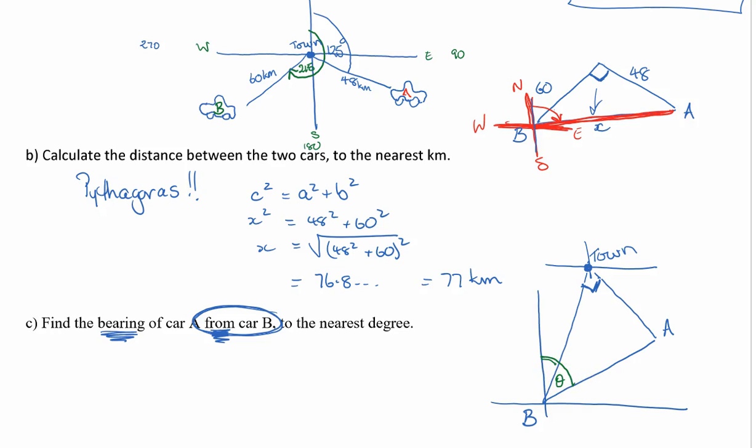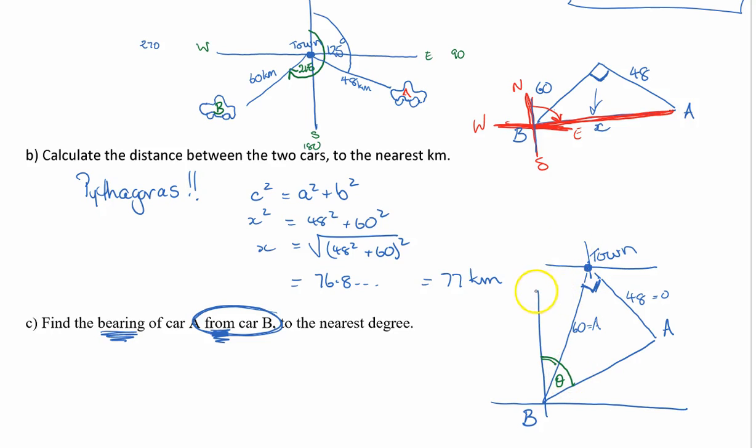We could find theta without too much trouble within the right-angled triangle because we know this side is 48 and this side is 60 of our right-angled triangle. So with respect to theta, this is opposite and this is adjacent because A to B is the hypotenuse. So we could use tan to find theta. But theta alone is not the answer to the bearing.